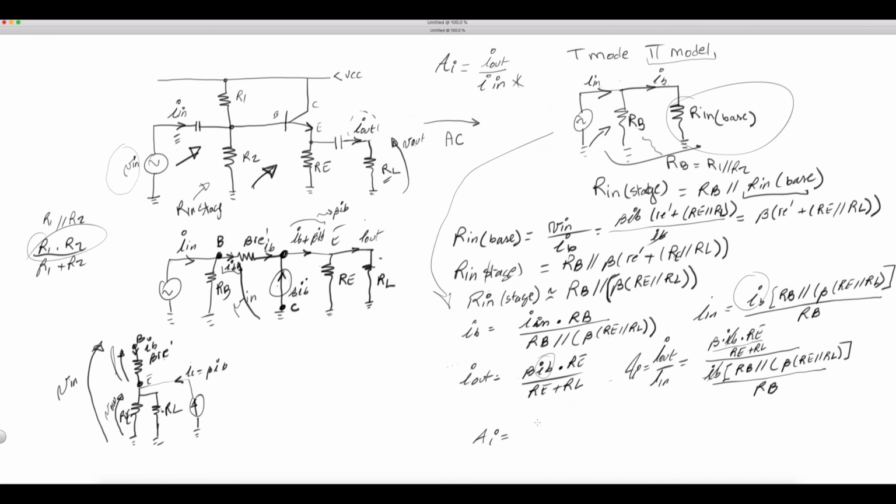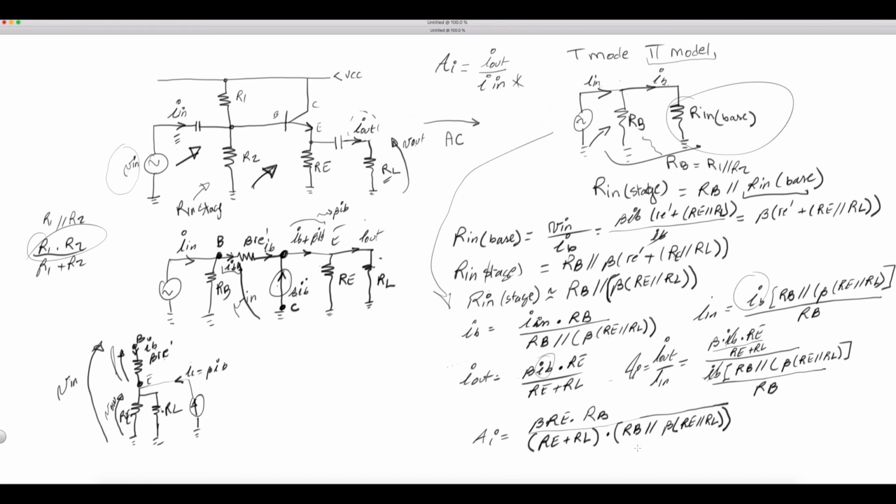AI is equal to beta Re times RB, everything divided by Re plus RL, times RB in parallel with beta RE in parallel with RL, and there you have it.